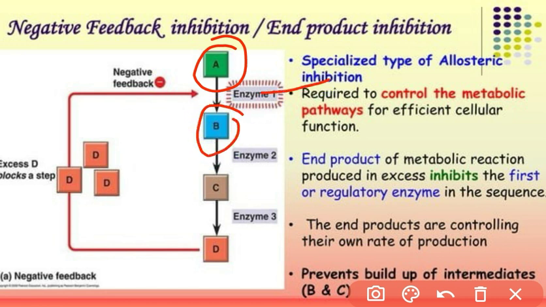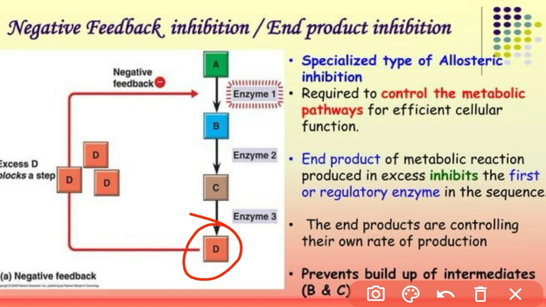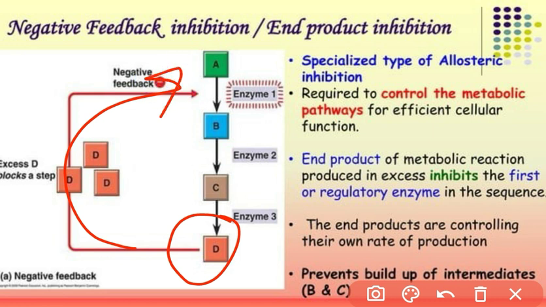The B reactant gets converted into product C through the activity of enzyme second. But the final product in this pathway, suppose this is D, can negatively give feedback and stop the catalytic activity of enzyme first, so that no more B and no more C products are formed. This is known as end product inhibition or negative feedback inhibition.